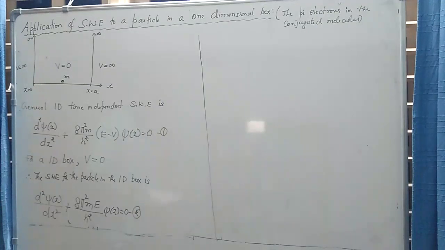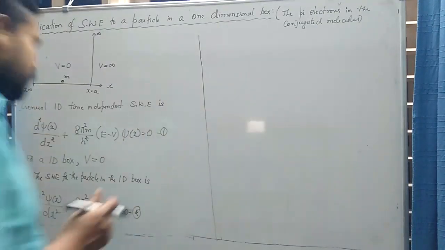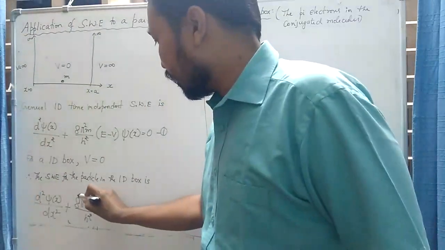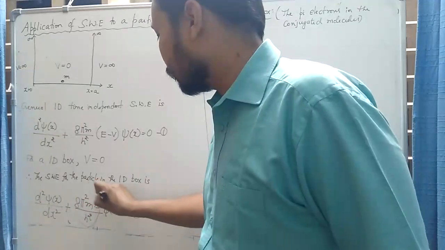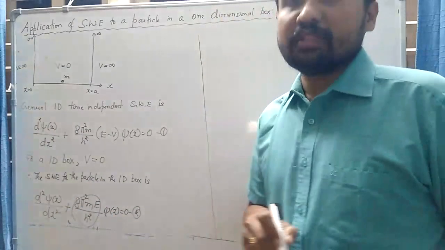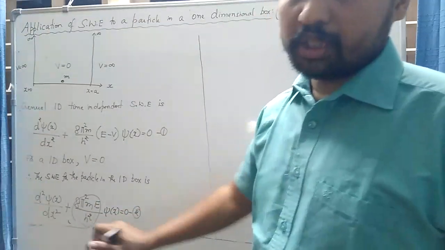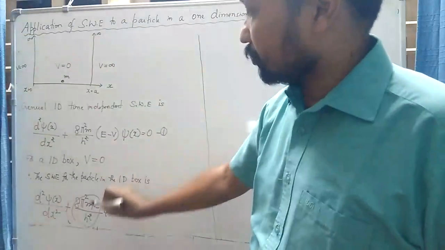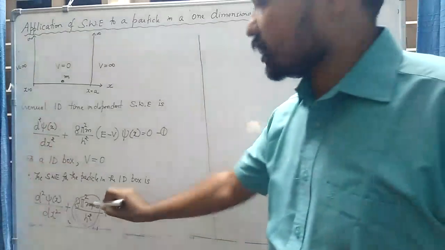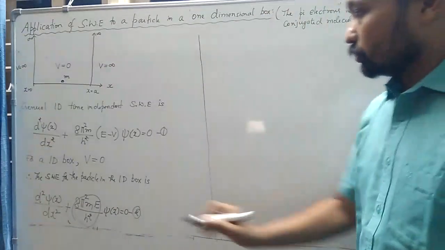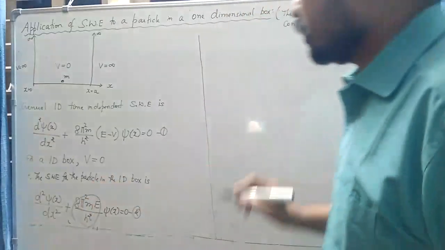Before solving this equation, if you look at this term 8 pi square m into E divided by h square, this term is a constant, because 8 pi square and h square are constants. For a given particle, mass is a constant and energy is also constant. So this entire thing can be treated as a constant.